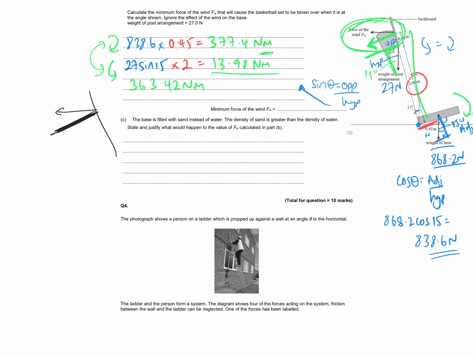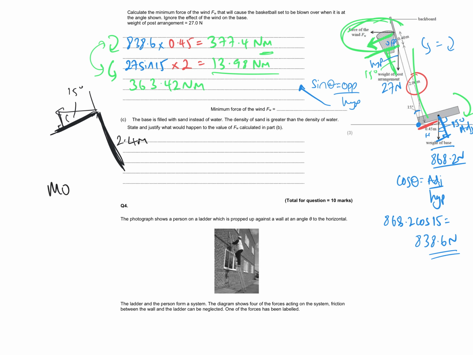This is our moment. And we know that angle is 15 degrees. We know this distance down here, well, we need to be careful because it's 2 added together with 0.4, so that distance is 2.4 meters from the pivot.